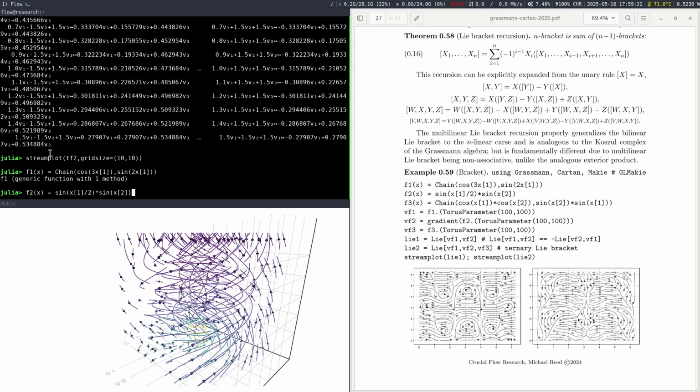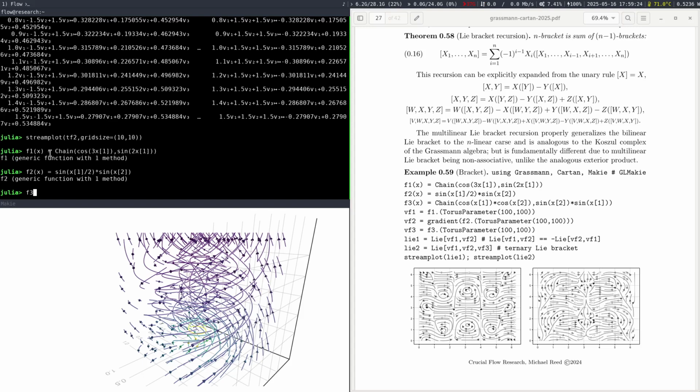Let's get the typing out of the way. All right. Chain of cosine of x of 1 times cosine x of 2.